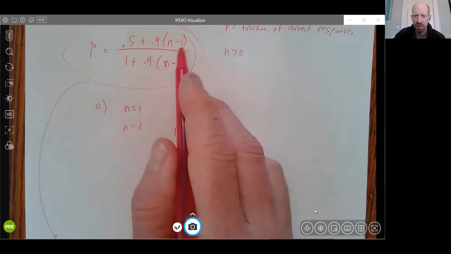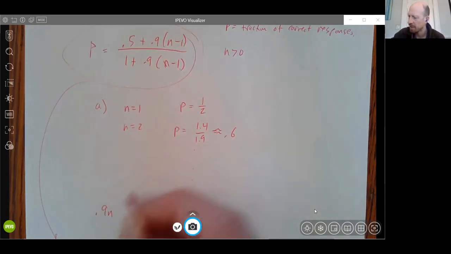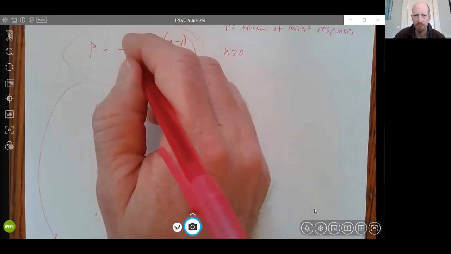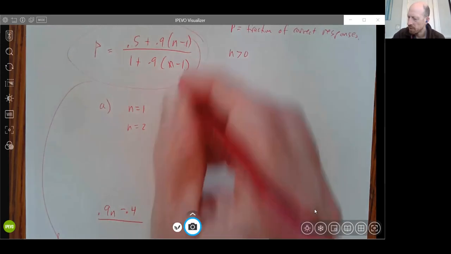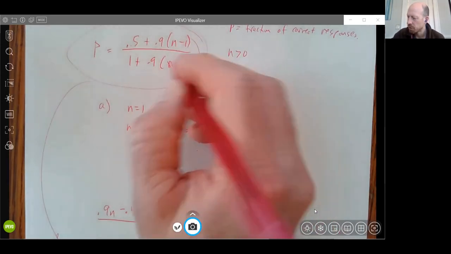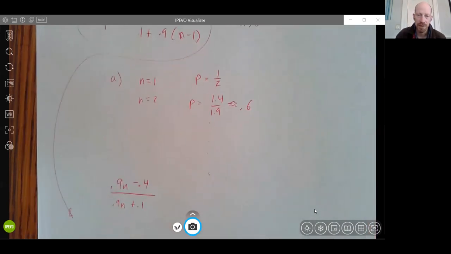It may look a little different, but if you multiply it out, you're going to get 0.9n minus 0.9 plus 0.5, which is minus 0.4. And here you're going to get 0.9n minus 0.9 plus 1. So that's 0.9n plus 0.1. So that's the same thing.